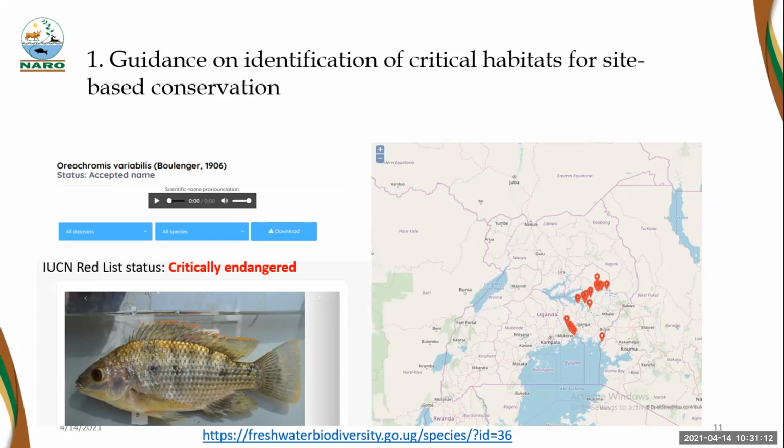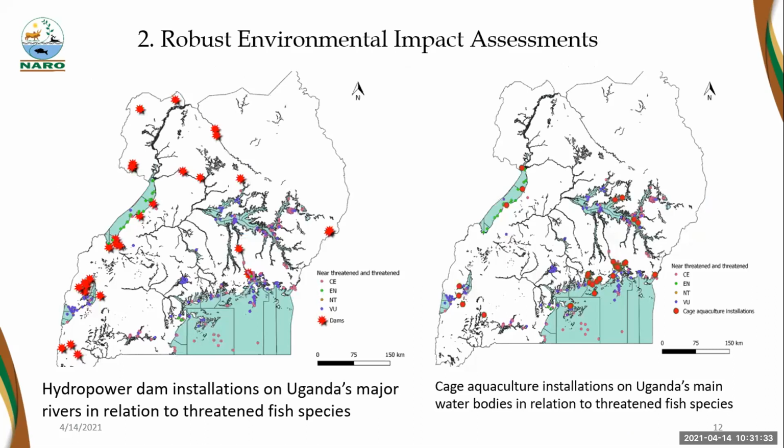And the other thing is on the threatened fish species. So now we know where the threatened fish species are and the actions that are actually needed. Of course, with our work, we can also guide on potential ecological impact with respect to water resources development.